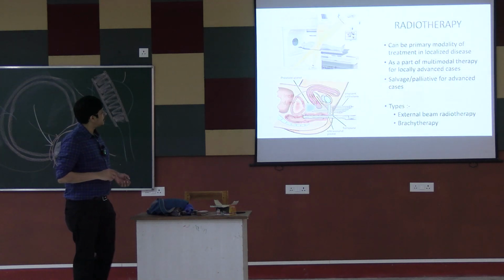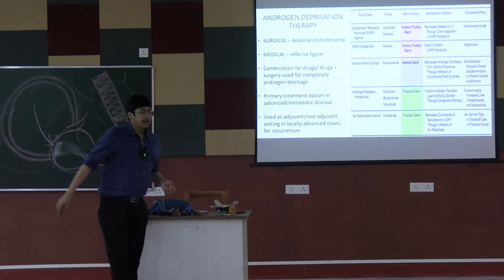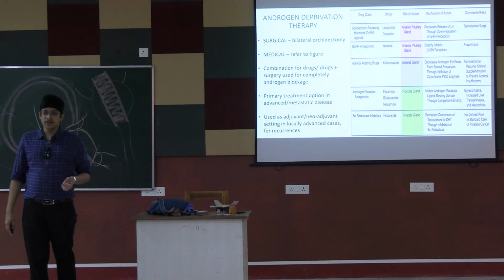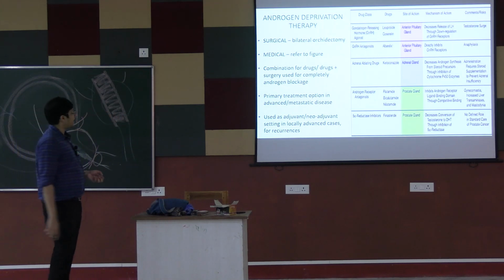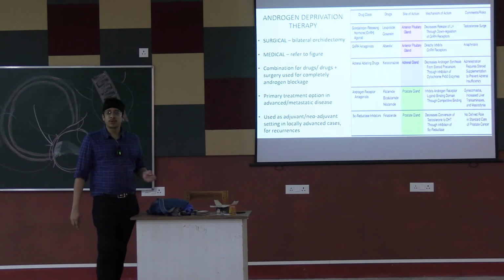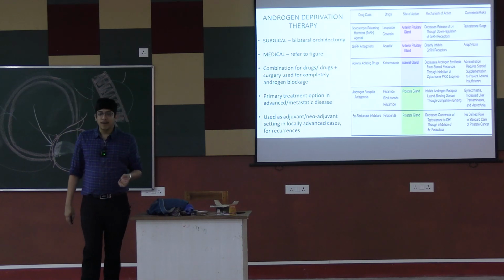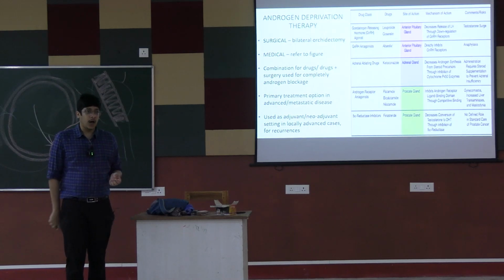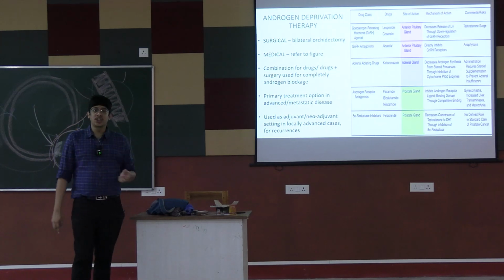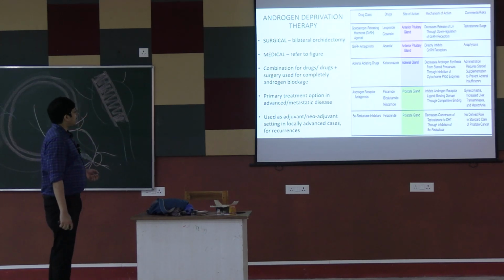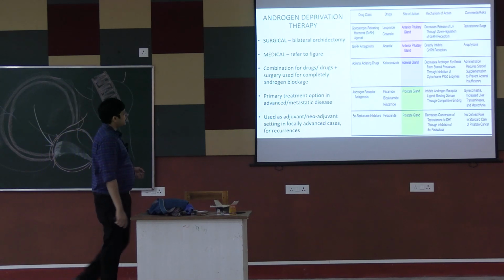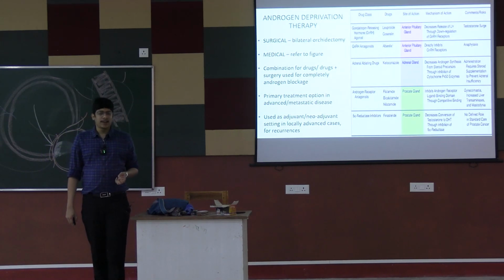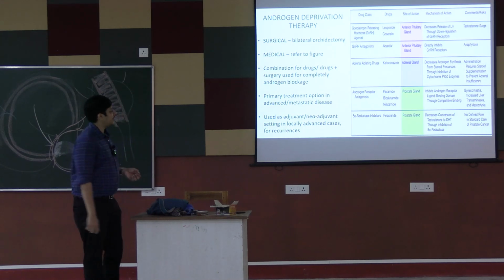So androgen deprivation therapy, what are the options? Androgen deprivation can be done by surgical method. What is the surgical method? It's the method of castration where we remove both the testes. Okay, bilateral orchidectomy. It's a very commonly practiced method in our country because it is the cheapest modality. Other than that, we have medical options. Medical options, there are multiple drugs and categories like GnRH analogs, GnRH antagonists.